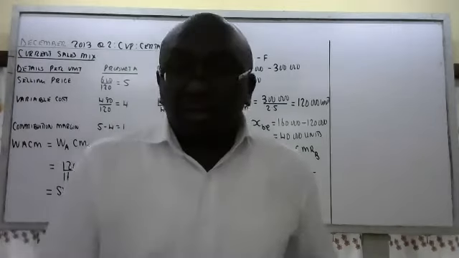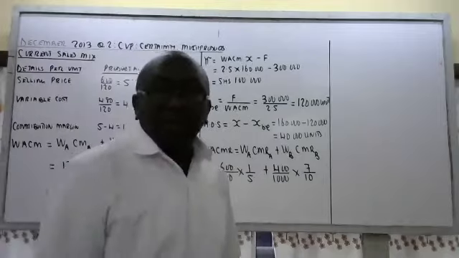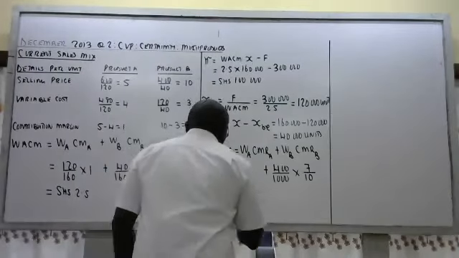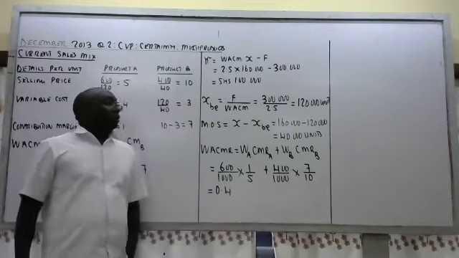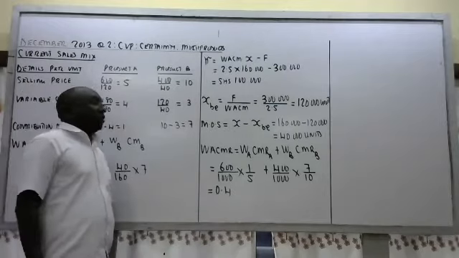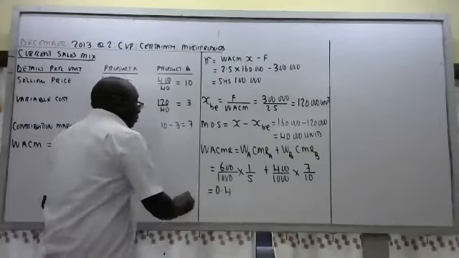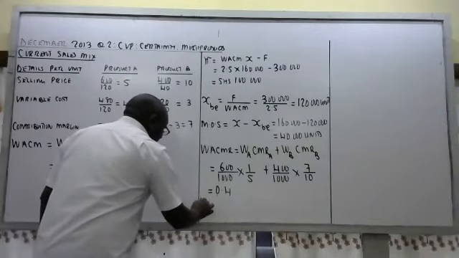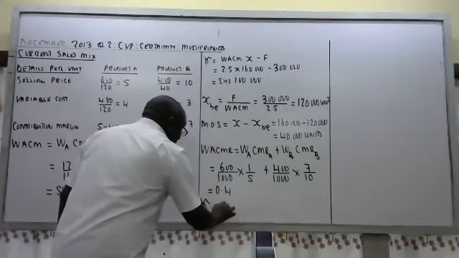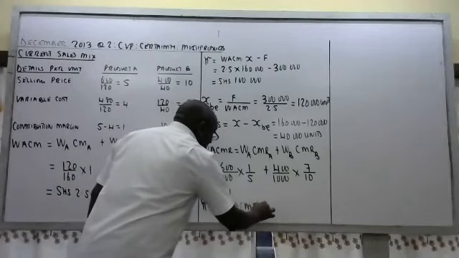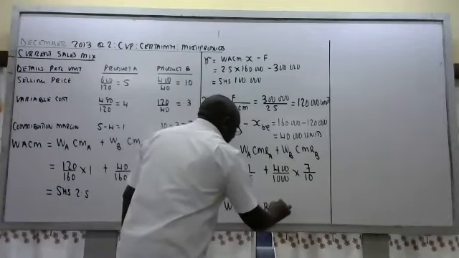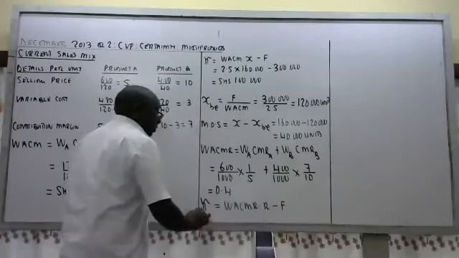Yes, I can see June, Jack, 0.4. So this is 0.4. If you are told to get the profit, it will be WACMR multiplied by revenue minus the fixed costs.